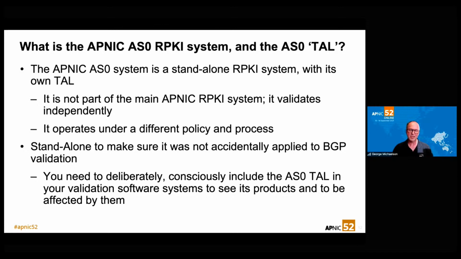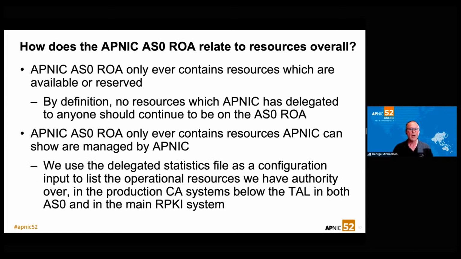The reason we operate this system standalone should be clear from this slide. It's to make the system one which has to be deliberately used. We didn't want this system to apply automatically. And there are two guiding principles for the operation of this service. Firstly, we only ever sign objects which talk about the resources that are not delegated. Special resources, specific resources, and they show in our public delegated statistics reports as either available or reserved.